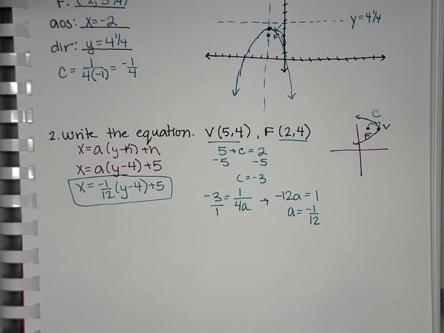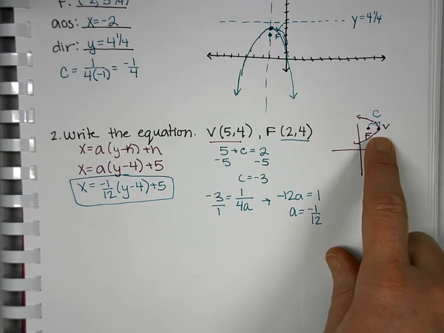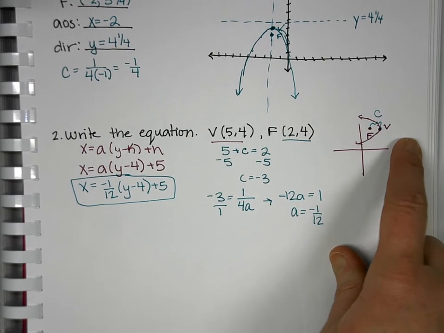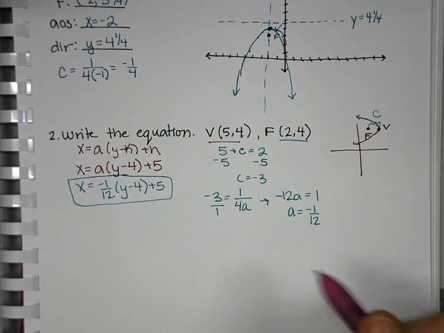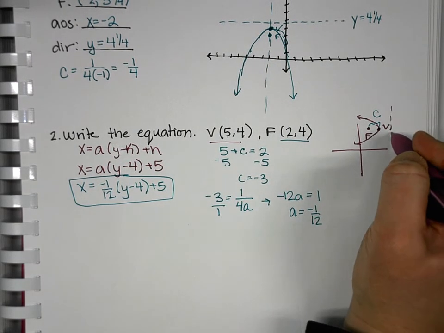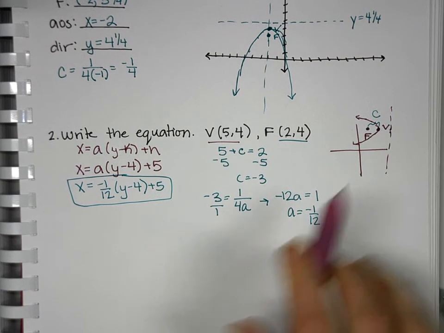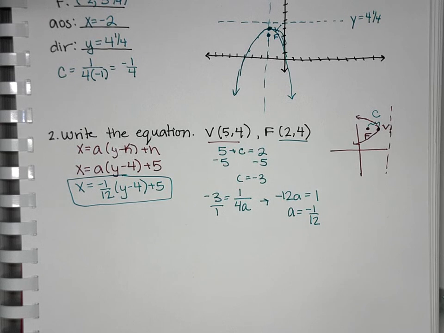So remembering that your vertex to focus is c, your vertex to directrix is negative c, and one thing we didn't really touch on, but if you were to look at your distance between the focus and the directrix, if you were to go from here all the way through the vertex to the directrix, that's 2c. Okay, it's 2 times whatever c was, it's that distance. So those are the things that we're going to look at and try to use when working backwards, those relationships.